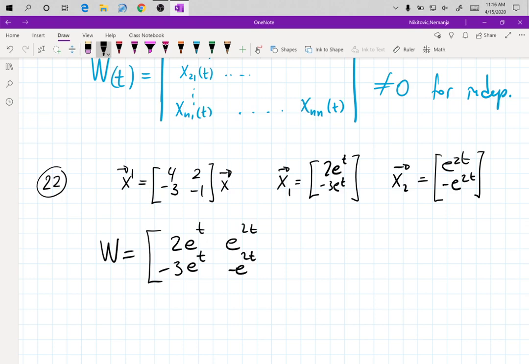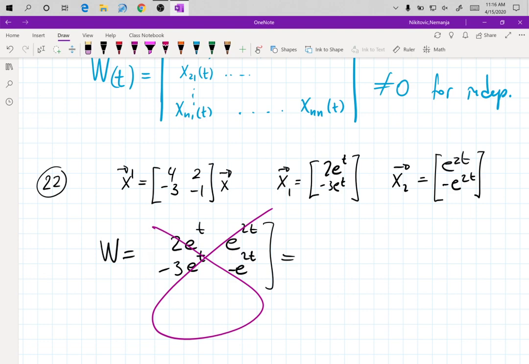I just want to make sure one more time that I copied this correctly. So I have e to the 2t and -e to the 2t. Good. Now we remember the way to solve the determinant of a 2x2. See, I used the wrong notation. I was supposed to use these bars, that's the notation for the determinant.